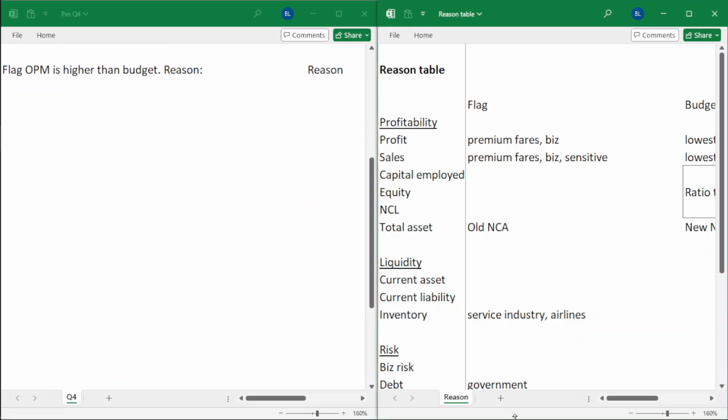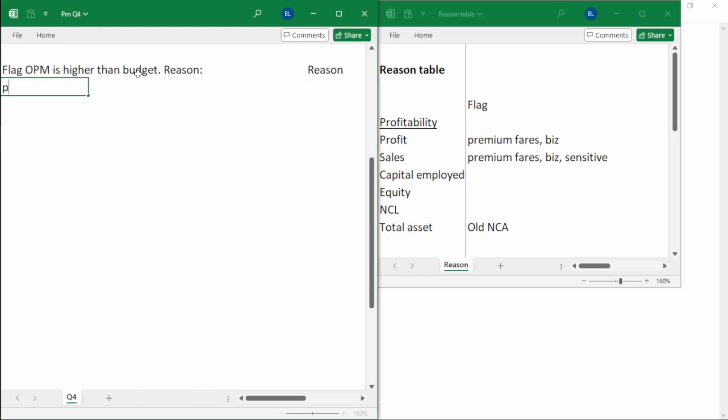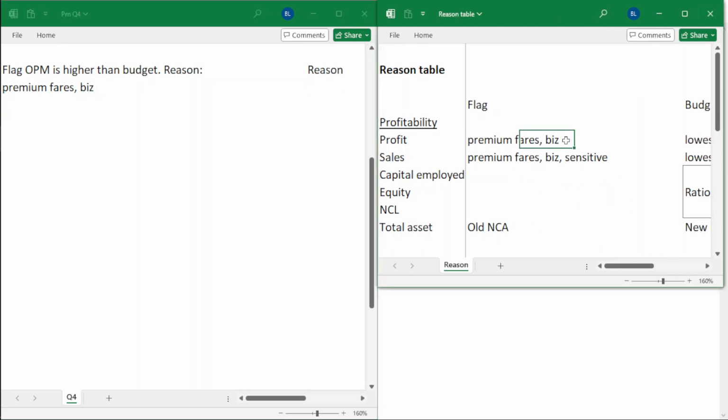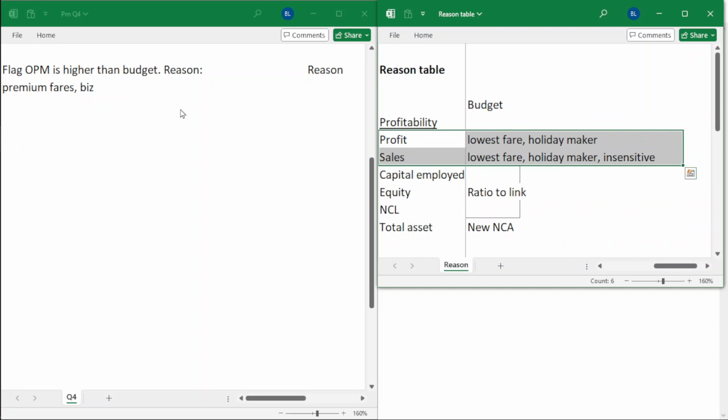OPM is profit over sales, right? So it's higher than budget. Maybe you can say about premium fares business. And maybe you can say about budget.